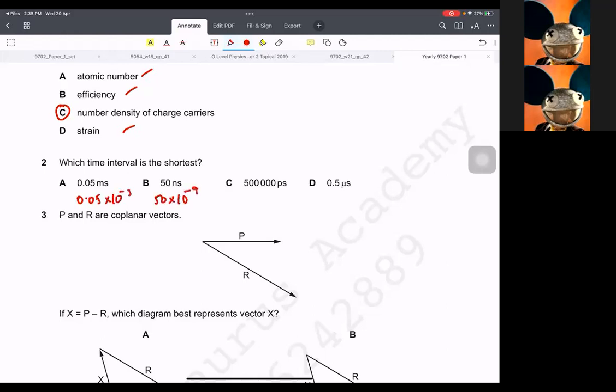Nano is 10⁻⁹. Pico is 10⁻¹². Micro is 10⁻⁶. Right. So the shortest, I think this should be the shortest, because if I move everything, I move the point here, so it will be 5 into 10⁻¹.